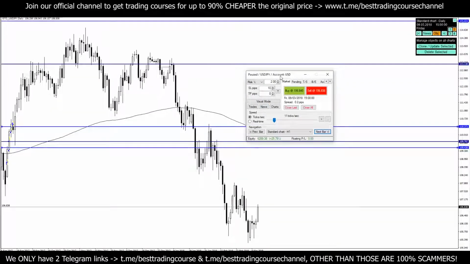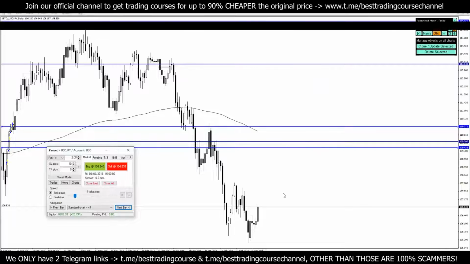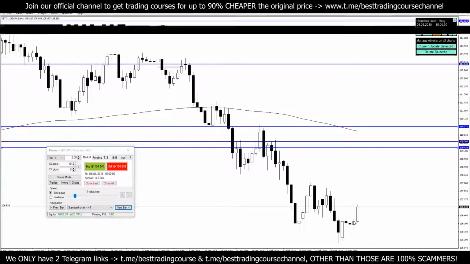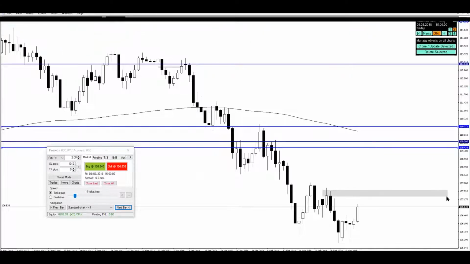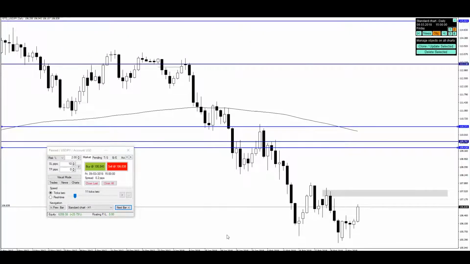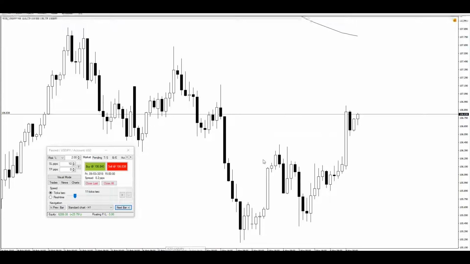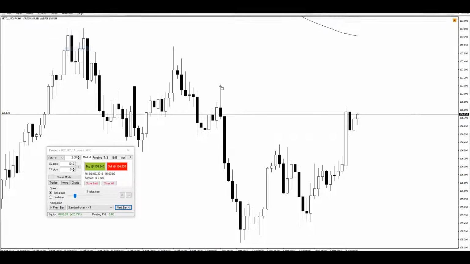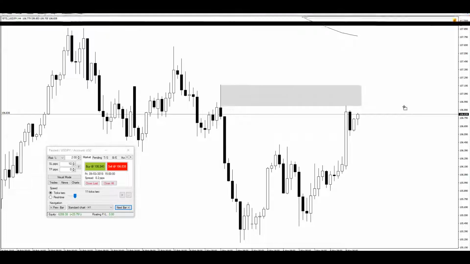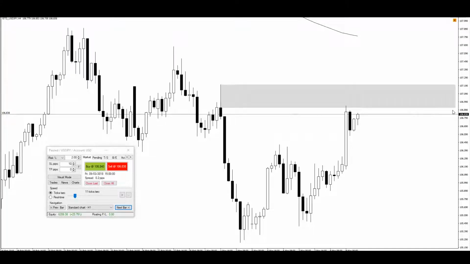Let's do some technical analysis here. Now the daily is kind of messy, right? Seems like the daily has a resistance up over here, but there's something happening over here. So we're going to go through smaller time frames, the 4-hour, and see what's going on. On the 4-hour, there's this liquidity area here, so there are chances that price is going to come up into this liquidity area and then drop.